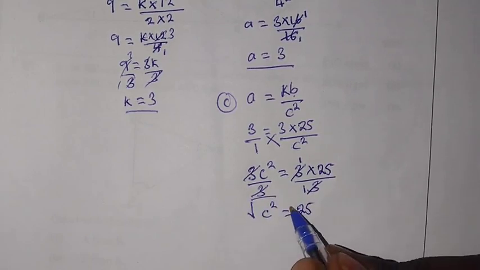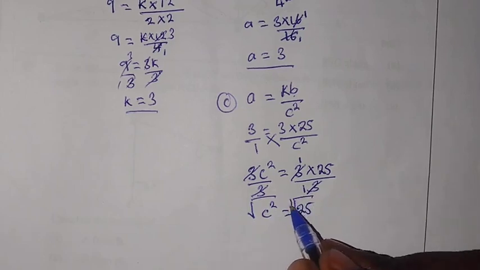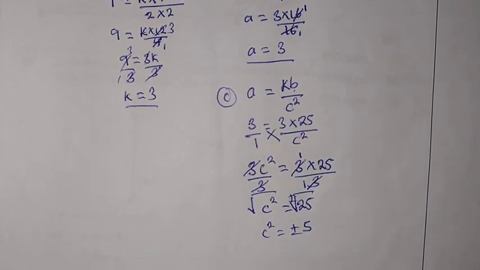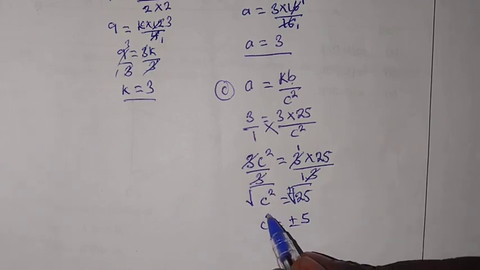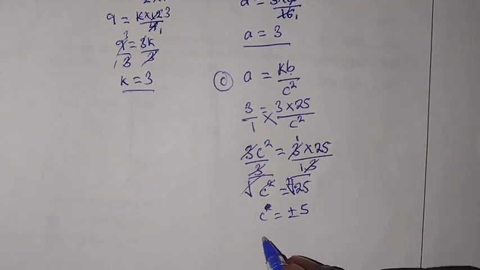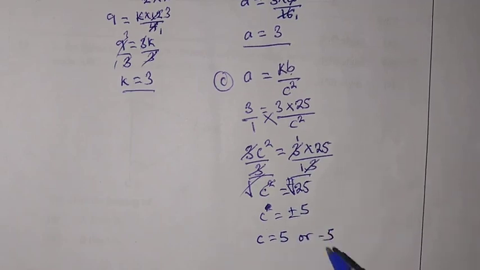So we can introduce the square root here: c is equal to plus or minus the square root of 25, which is 5. Therefore, c is equal to 5 or negative 5.